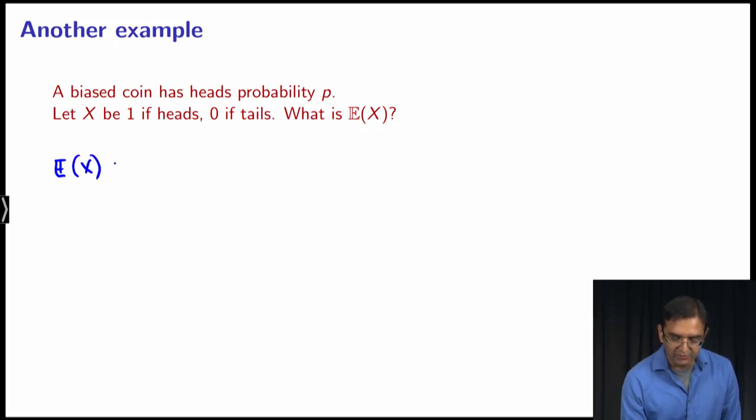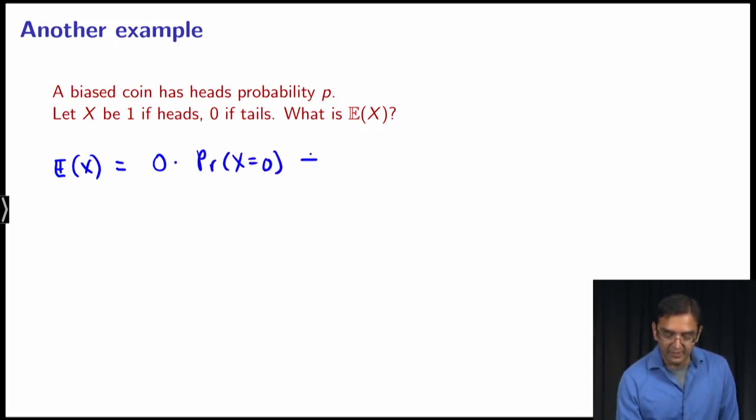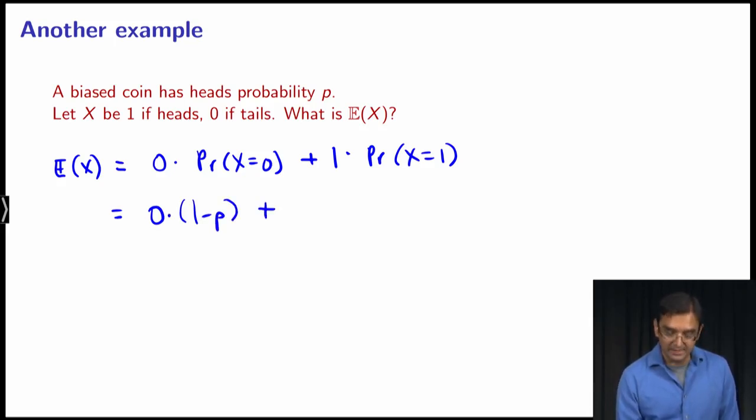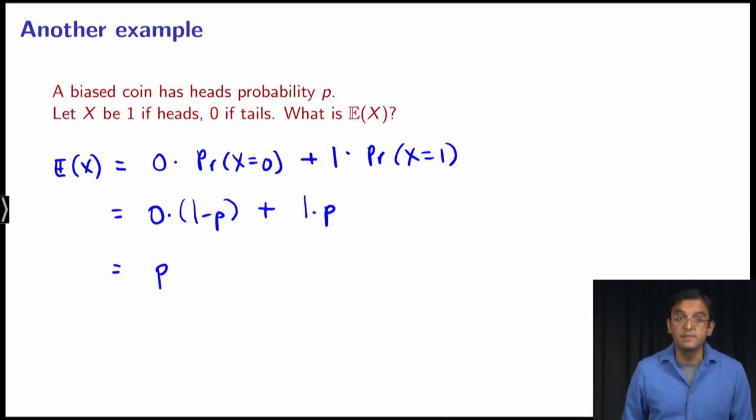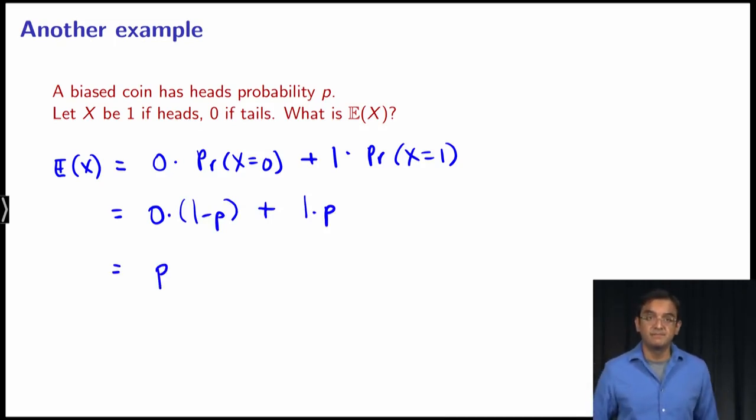So once again, we just write out the formula. We look at all the possible values that x can take. It can take on the value 0, or it can take on the value 1. The probability that it's 0 is 1 minus p, and the probability that it's 1 is p. And so the expected value of x is p.